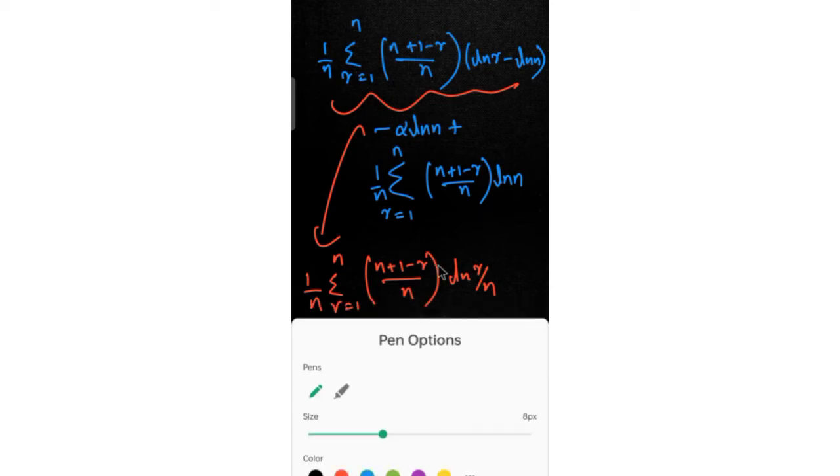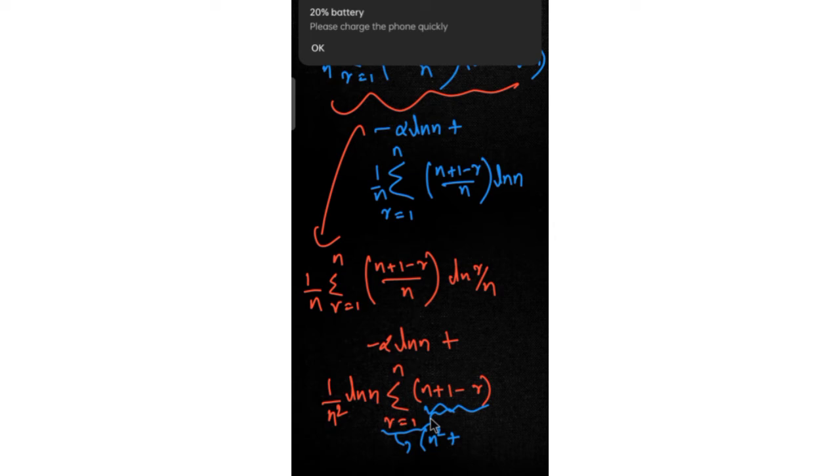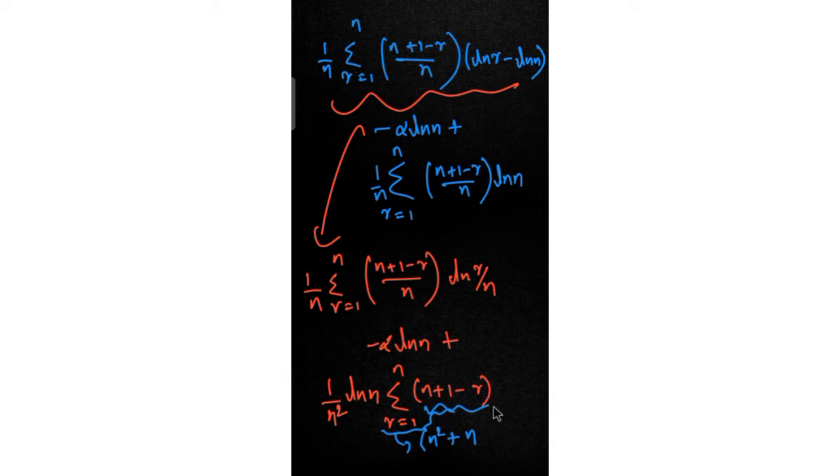If we simplify this here itself, Σ n gives n into n, n², and Σ 1 is n, and Σ r is n(n+1)/2. Fine, so this is what we're gonna get.